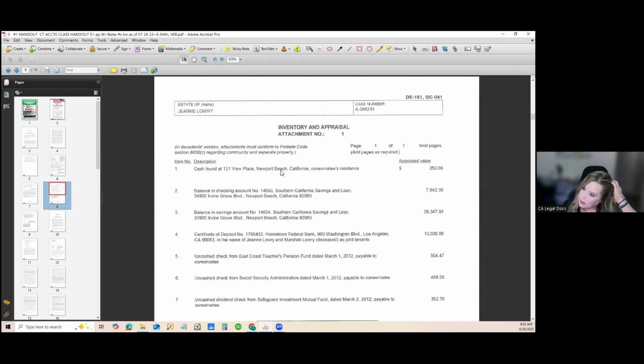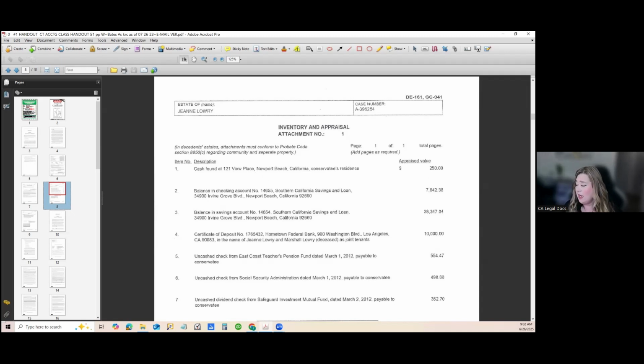I don't want anybody picking this up and saying, oh, the conservatee has a lot of cash at the house, and obviously they're in a conservatorship, which means they are very vulnerable. So I just would not put the address here. Instead, I would put words like cash found at conservatee's residence, or something a bit more vague.